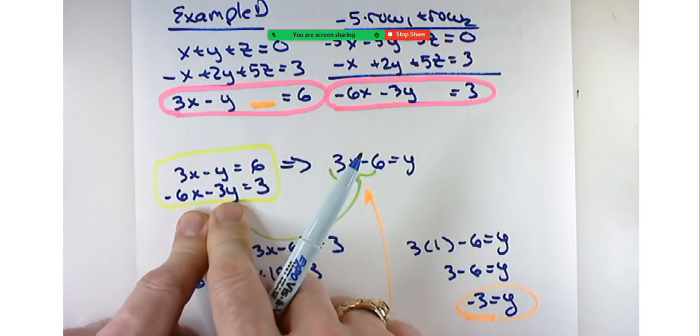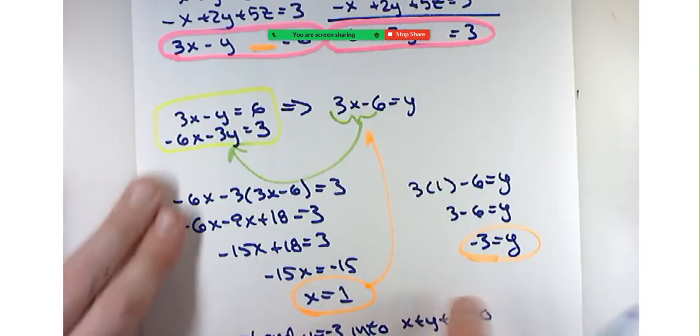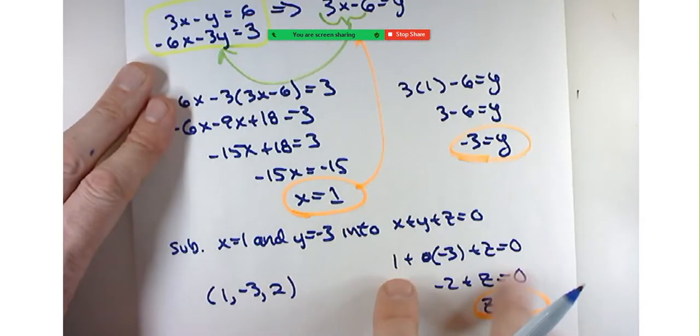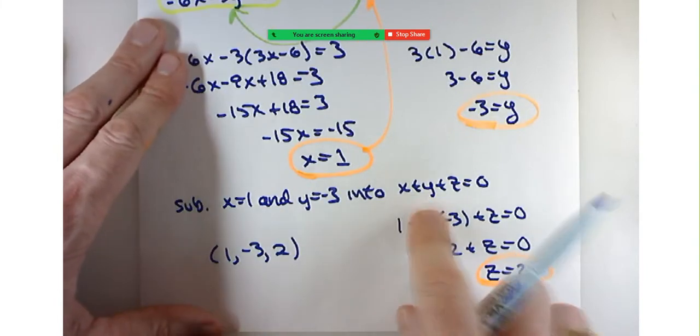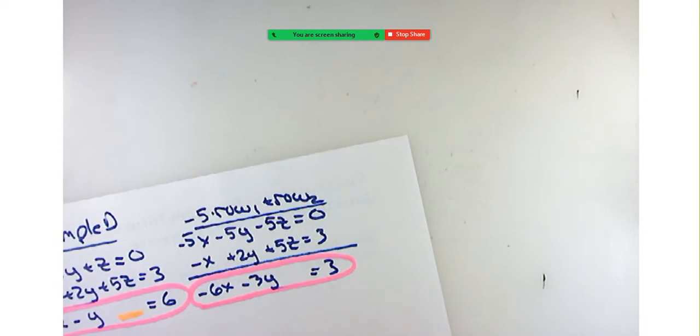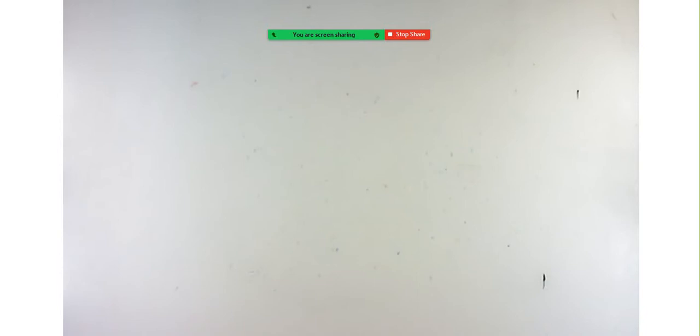We were able to solve that 2 by 2 system for x and for y. Once we had those, we went back and substituted into the original equation to get z. Nice, nice. Of course, it doesn't always stay nice.